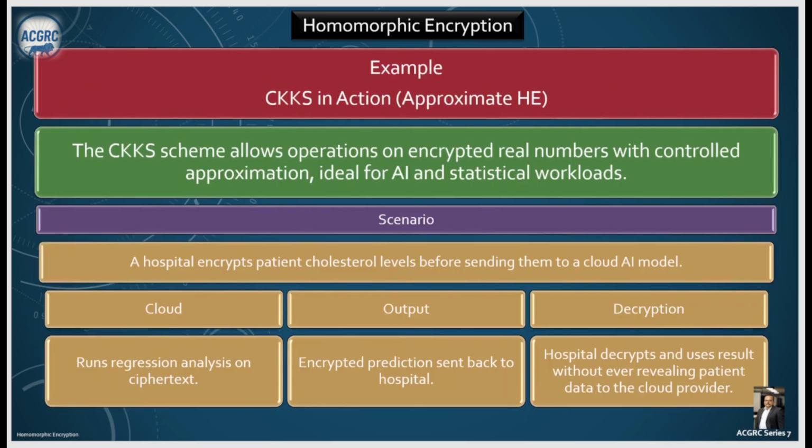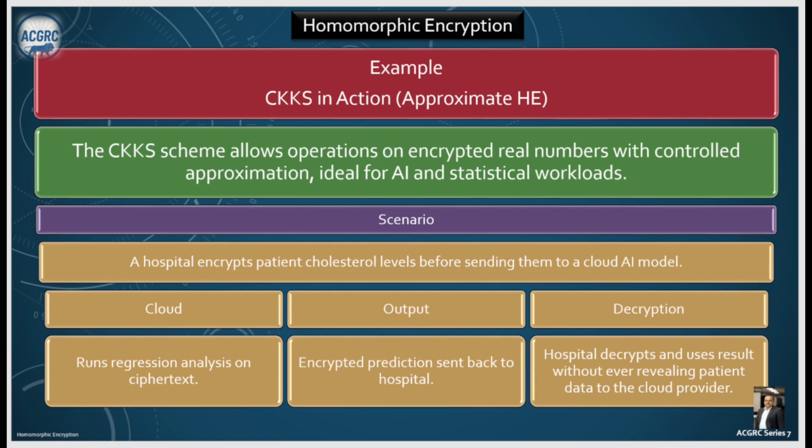Let's now look at CKKS, or approximate homomorphic encryption. The CKKS scheme allows operations on encrypted real numbers with controlled approximation, which is ideal for AI and statistical workloads. Scenario: a hospital encrypts patients' cholesterol levels for sending to a cloud AI model.